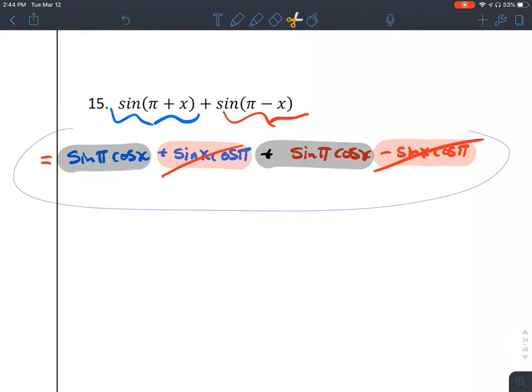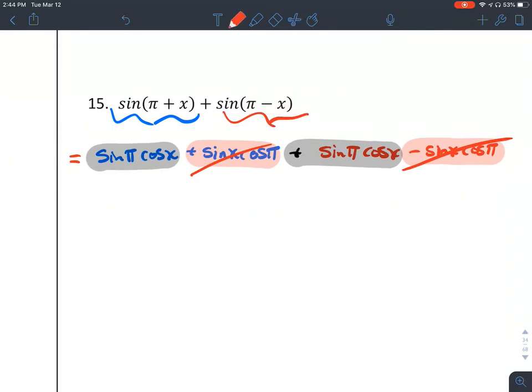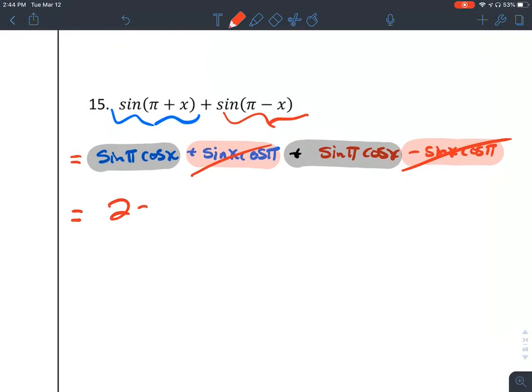Let me make this a little bit to the right. Since they're both like terms and have the same sign, now we're going to have two of those. What is sine of pi? Well, I'd like to think that we all know that's 0 from the unit circle. 2 times 0 times cosine is 0.